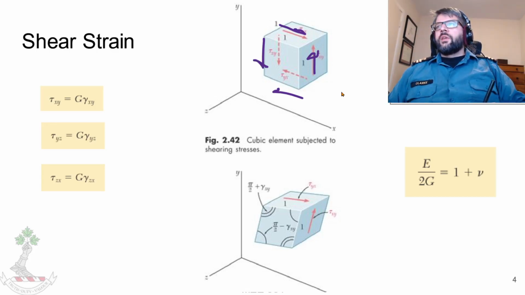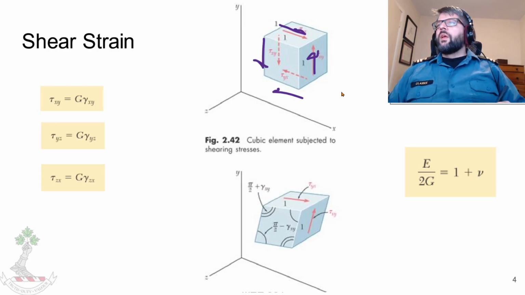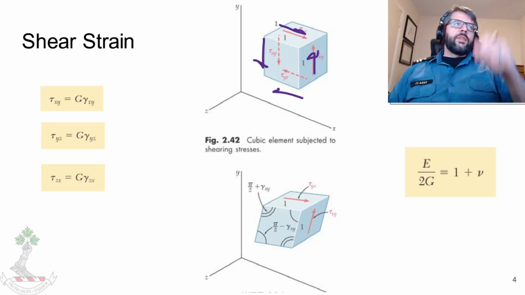The angles on this face, the angles here are going to increase, the angles here are going to decrease. And the strain that we're defining is going to be based upon how much the angle changes. So we're keeping this in radians.